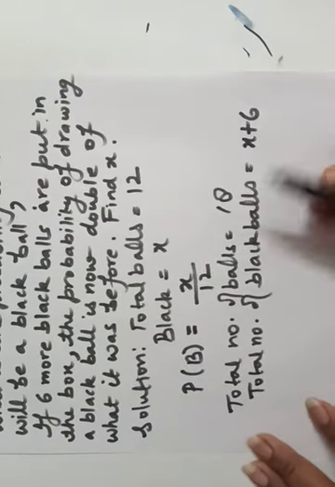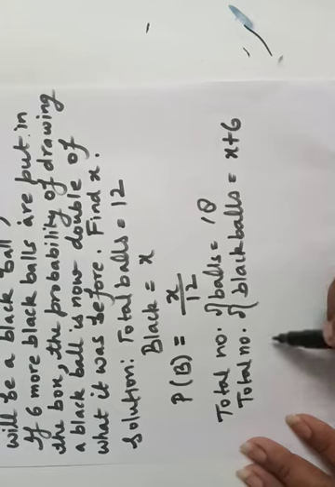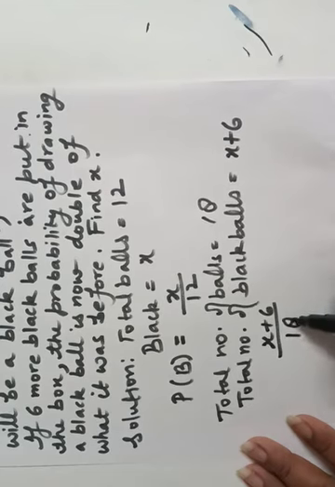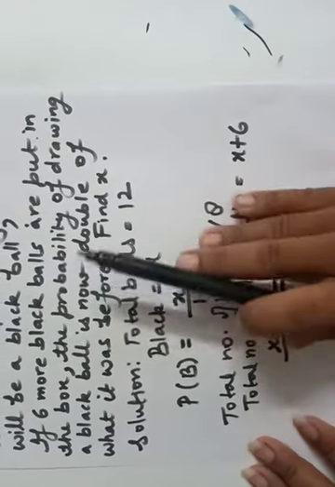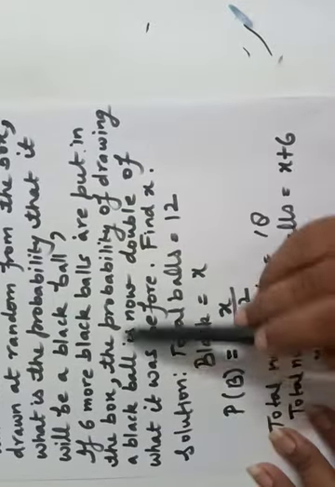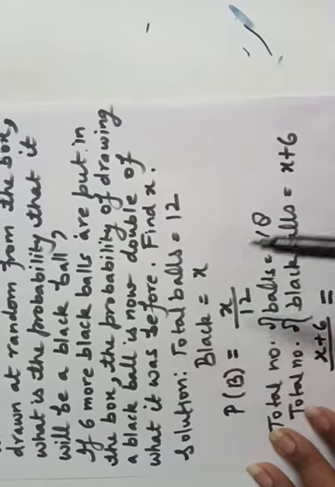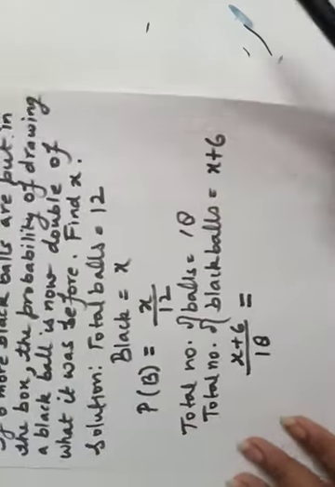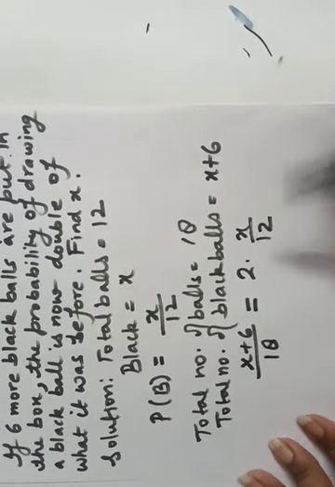Now the probability of black ball: the total number of black balls we have, x plus 6, are the favorable, and the total number of balls are 18, is equal to, again we will read, the probability of drawing a black ball is now double of what it was before. It was before x upon 12, so that is equal to twice of x upon 12.